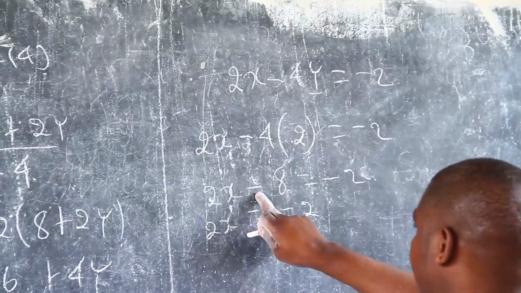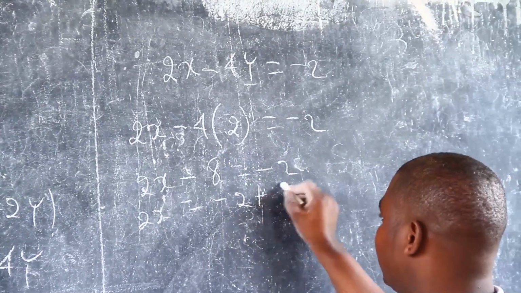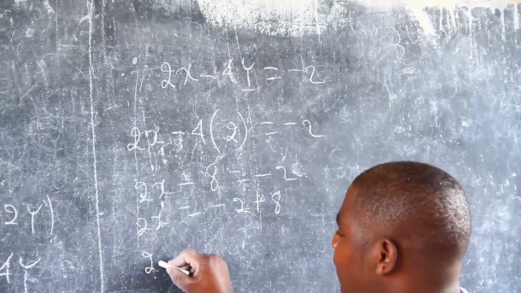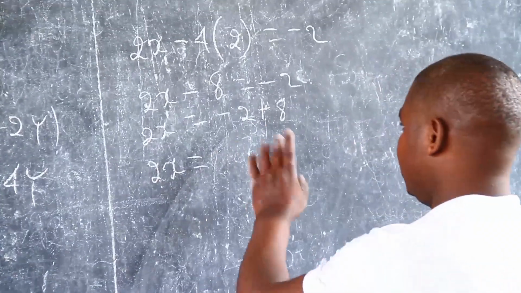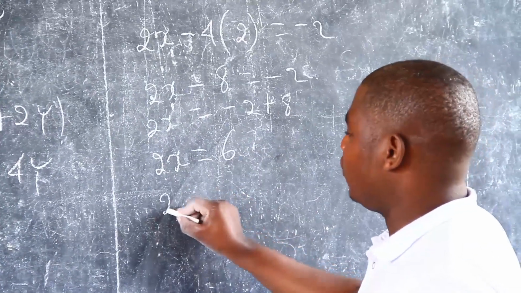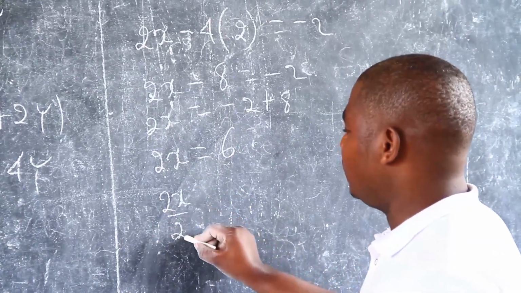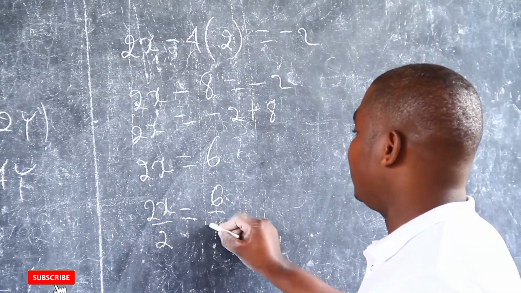Here I have a negative, I move the whole number to the other side with positive 8. Then 2x equals negative 2 plus 8, which equals 6. 2x over 2 will be equal to 6 over 2.